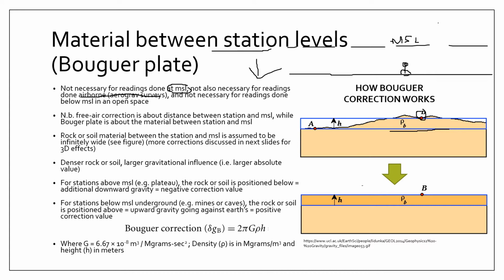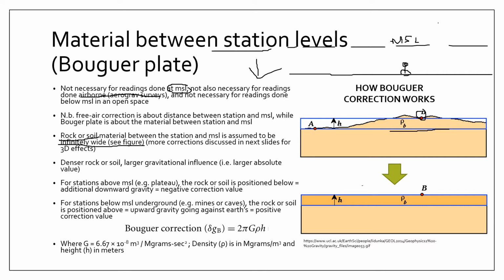But if there's any sort of material, rock, or soil, then you have to do a Bouguer plate correction. And one of the important principles of this correction is that we assume that the rock or soil material between the station and the MSL is infinitely wide.